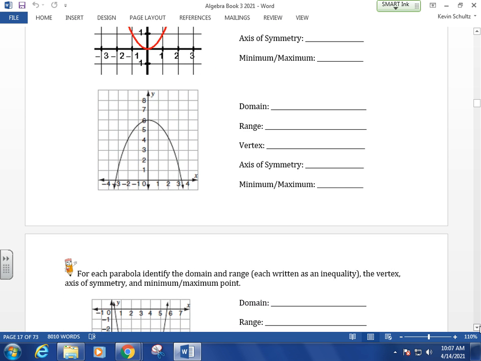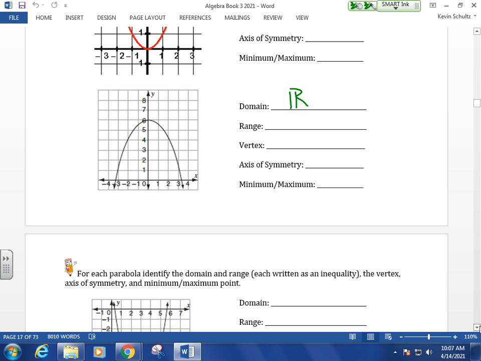Here we've got a parabola that opens downward. What's the domain of this parabola? All reals. Okay, it continues to expand outward. It will continue to do so forever, and so every x value will be included at some point. What about the range?